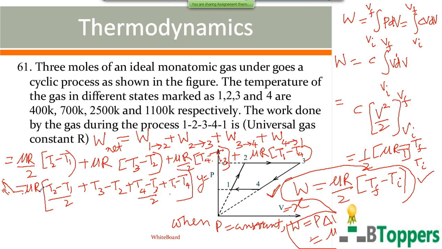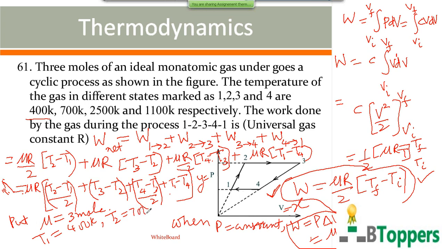Now you substitute. We can put here nu equal to 3 moles, T1 equal to 400 Kelvin, and T2, the temperature in the second state, equal to 700 Kelvin.